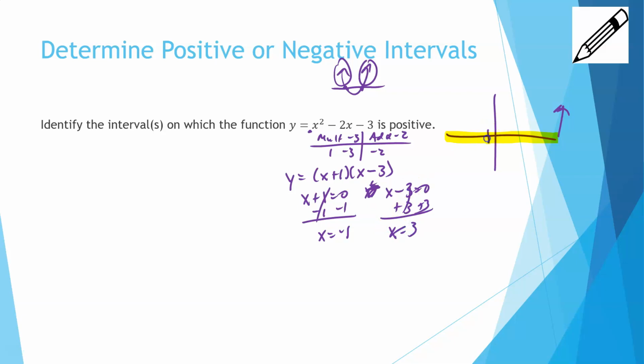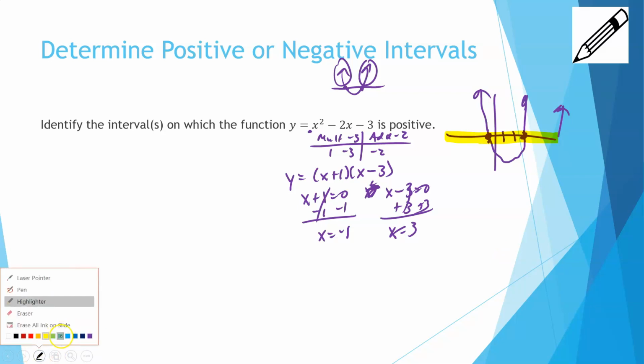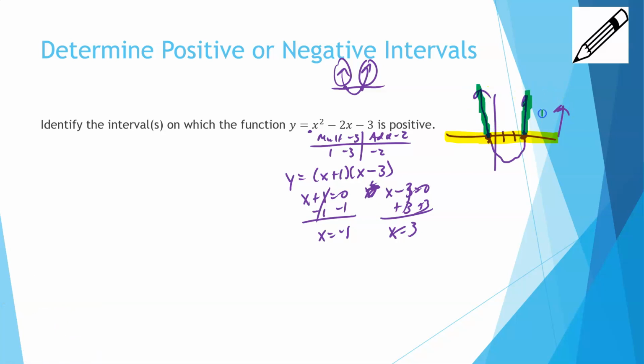So if I was to quickly graph it, negative 1, 1, 2, 3, again, just a general sketch. Oops, sorry, I got a little shaky. It's going to look like this, which means my answer is going to be the intervals where it falls above that x-axis, so those two green parts.